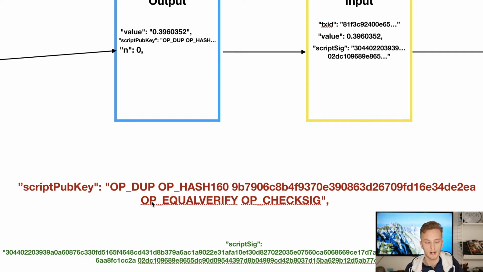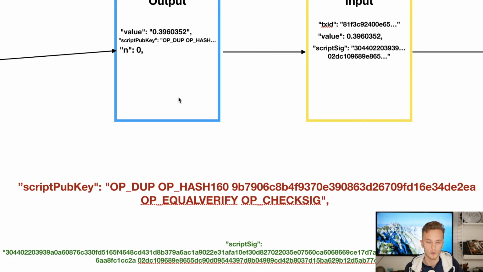Then we have a function called OP_EQUALVERIFY, and then a function called OP_CHECKSIG. That is a locking script, and it defines a pay-to-pubkey-hash locking script, which can only be unlocked by a user or a wallet that has the private key to the public key that corresponds to this public key hash within the locking script.